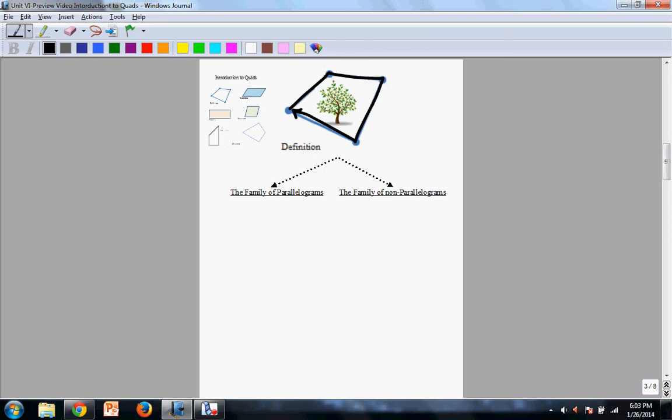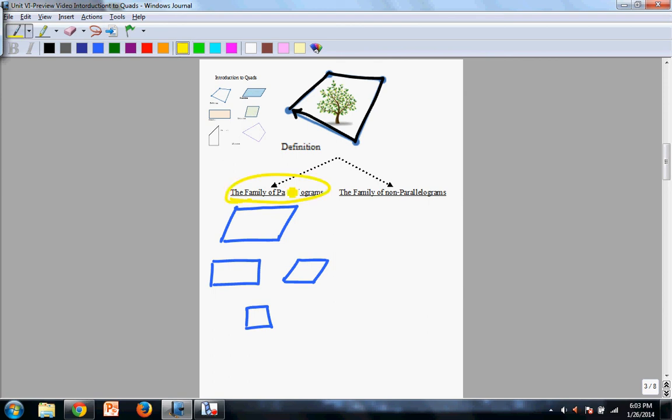Same thing in the family of parallelograms and non-parallelograms. In a quad, the family of parallelograms, these are all parallelograms, of course, would be the parallelogram itself, rectangles, rhombus, and square. Those are all part of the family of parallelograms.